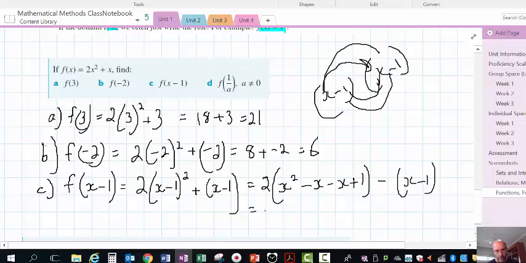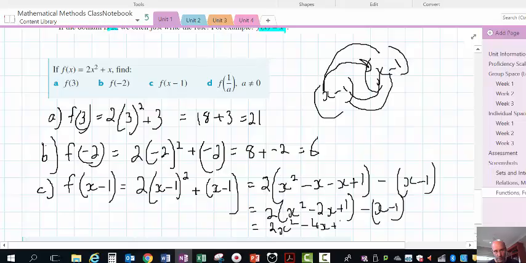And we've got 2 outside of x squared minus 2x plus 1 for 2 outside of it minus x minus 1 and 2x squared minus 4x plus 2.